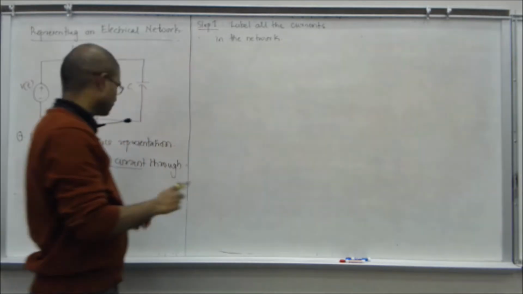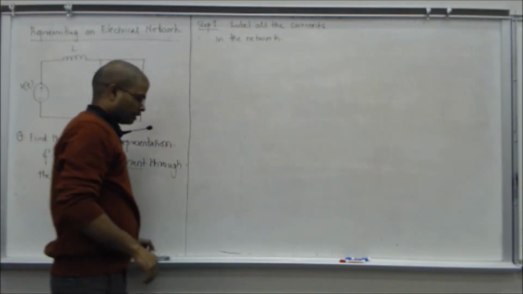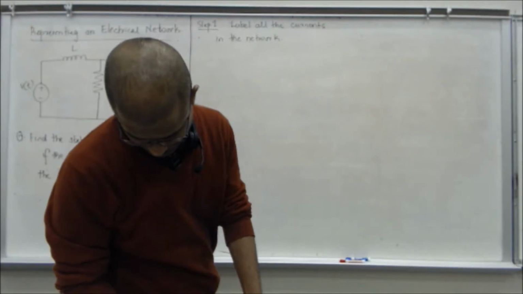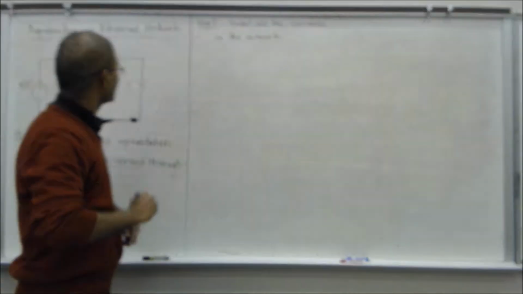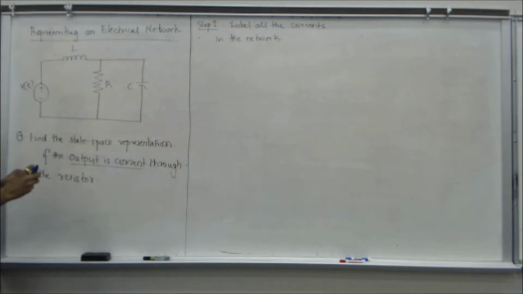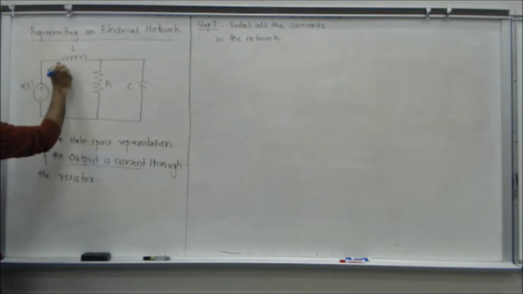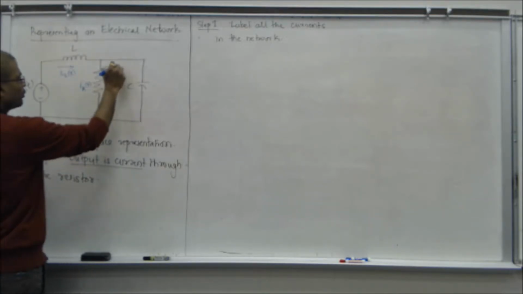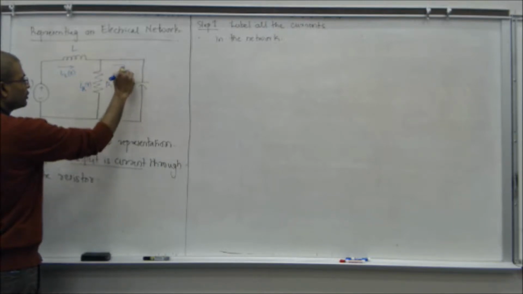Okay. So if you have something like this, the current flowing through this would be IL of t. The current flowing through this would be IR of t, and the current flowing through this you would represent by IC of t.